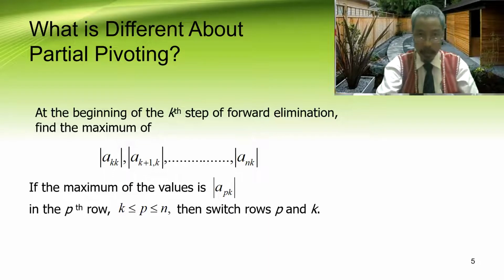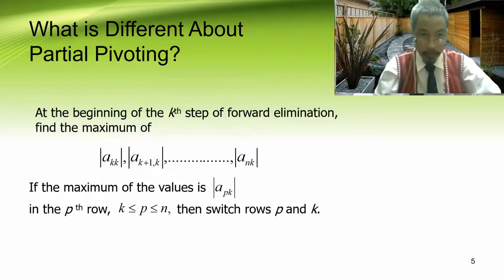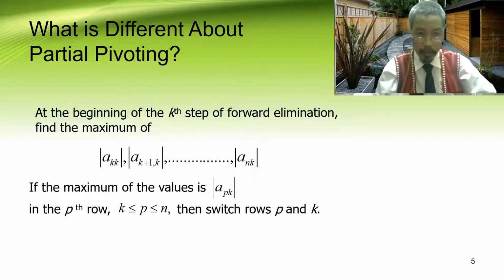At the beginning of the kth step of forward elimination, find the maximum of the absolute values of a_k,k, a_k+1,k, and so on up to a_n,k.